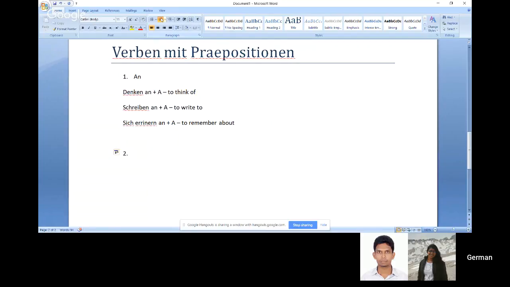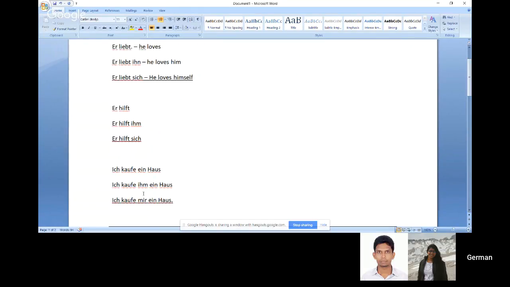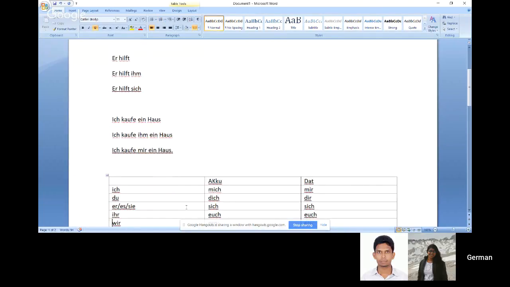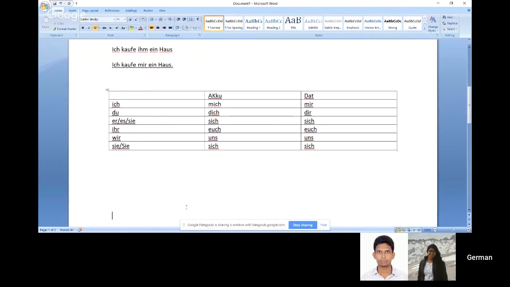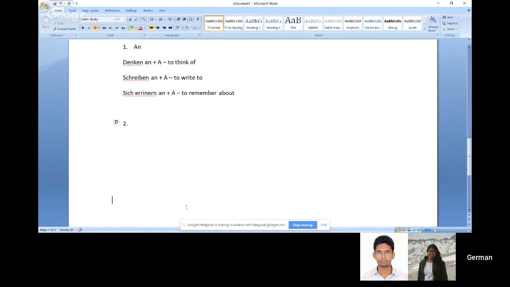Okay. Now over here, did you understand reflexive verbs? Ja, reflexive verbs. Ich kaufe mir ein Haus. I buy myself a house. Mir means myself over here and not my. Okay. So can you reframe your sentences?